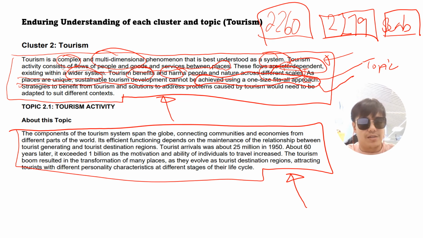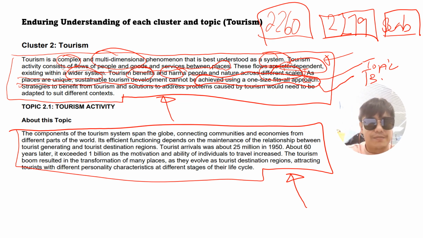I know it can be hard to weave these ideas in, but it is important to show in your 9 marks question that level of understanding, to convince the marker that, hey, I have understood what I've learned in cluster 2 tourism. That is that places are unique, that sustainable tourism development cannot be achieved using a one-size-fits-all approach. And this is actually topic 3.